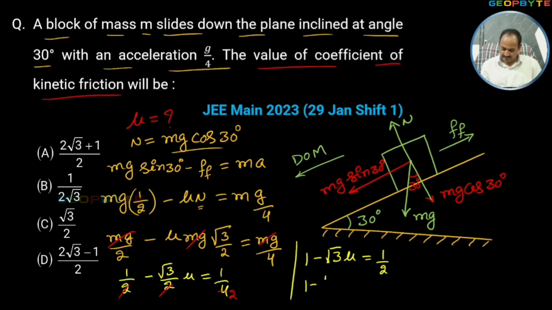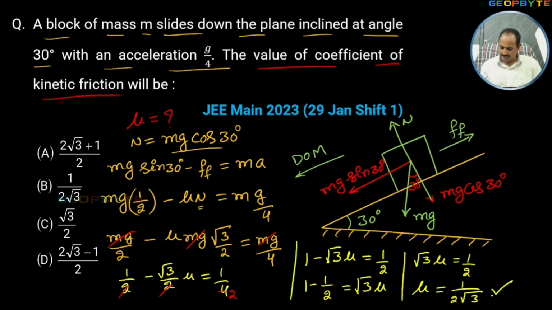From this, 1 minus 1 by 2 is equal to root 3 mu, or root 3 mu equal to 1 by 2. Then the coefficient of friction is equal to 1 by 2 root 3. That is the answer. Look at the option.